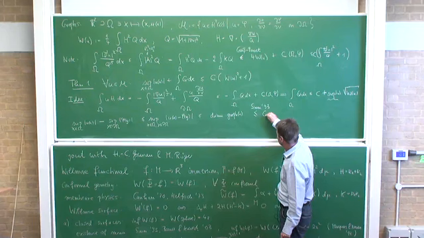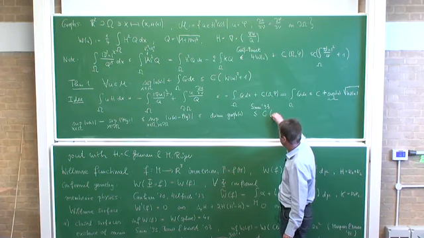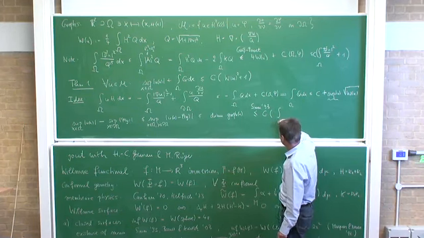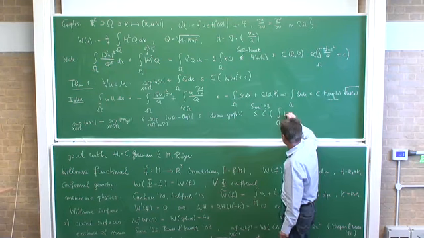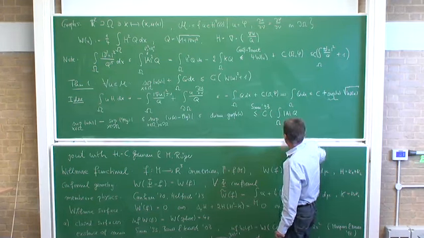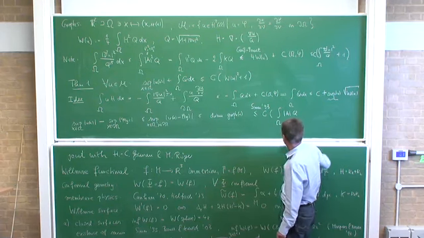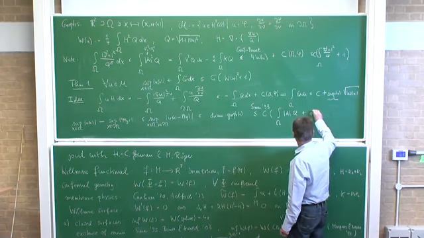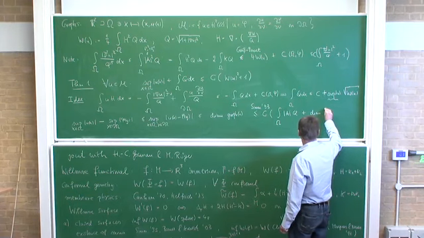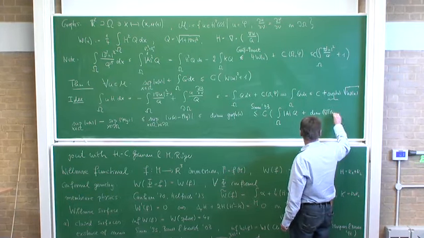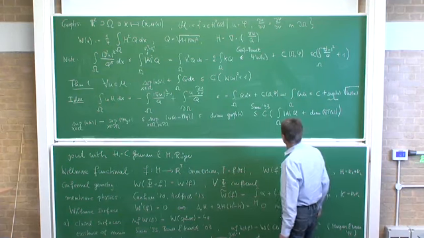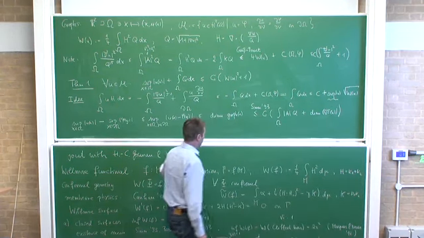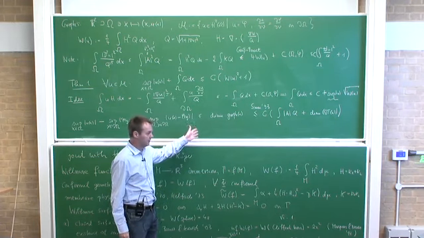You can estimate it by a constant which only depends on the space dimension, and then the integral over the second fundamental form, the L1 norm of the second fundamental form, plus the diameter of the boundary curve, like this.